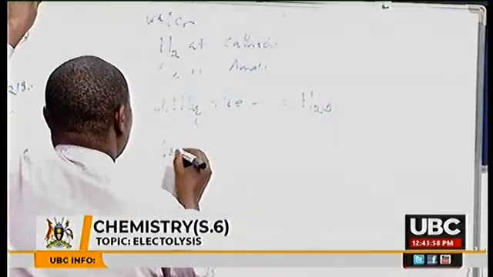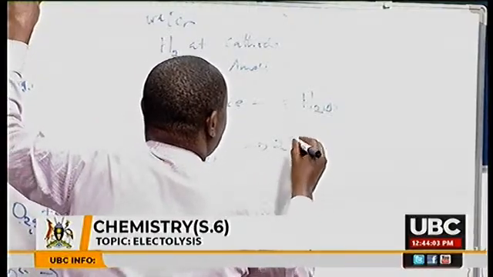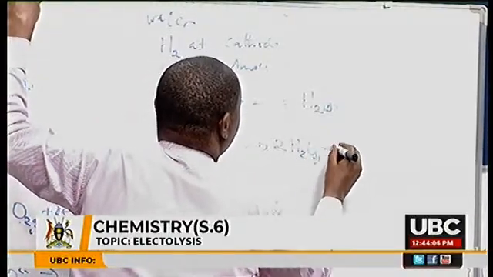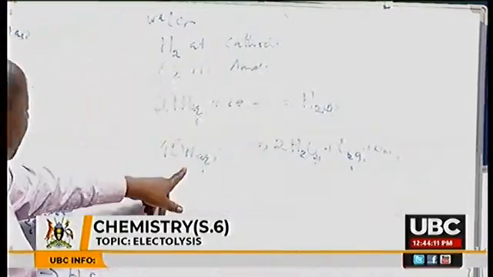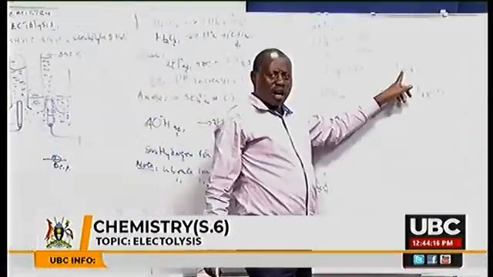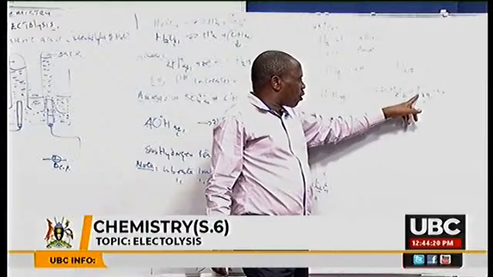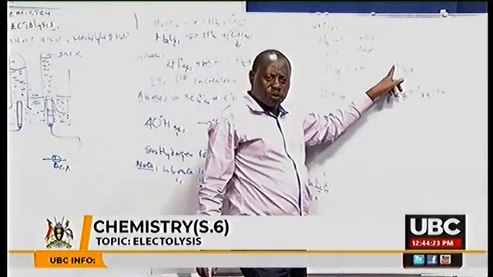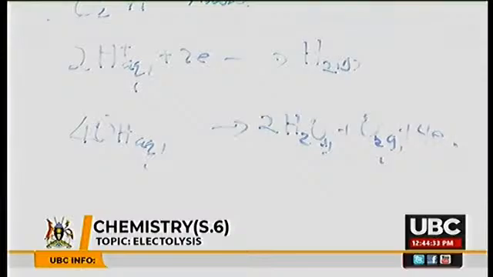Then we have 4 moles of hydroxyl decomposing to form 2 moles of water, 1 mole of oxygen, and 4 electrons. So for every 1 mole of oxygen, there are 4 moles of electricity, whereas for 1 mole of hydrogen, there are 2 moles of electricity. Meaning that for 1 mole of oxygen, we would have produced 2 moles of hydrogen.